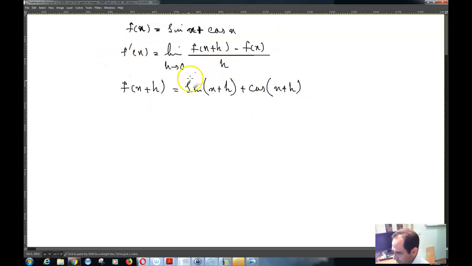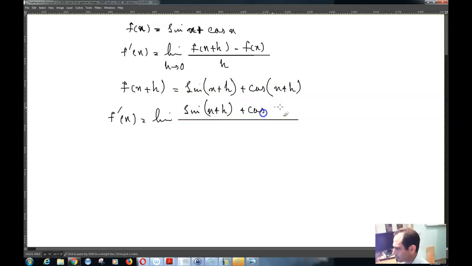So then I can write f prime of x as the limit of f of x plus h, which is sine of x plus h plus cos of x plus h, minus f of x, which is minus sine x minus cos x. The negative is going to be multiplied by both terms, so two negative terms over here, over h as h tends to 0.